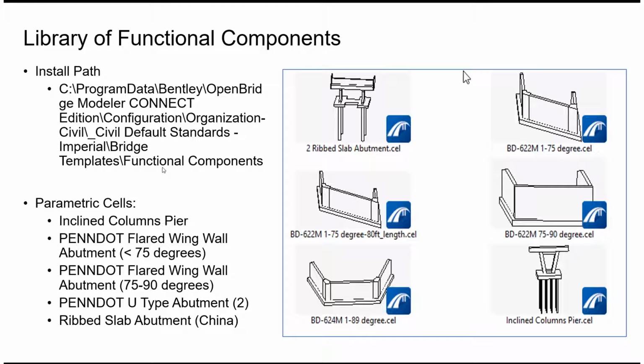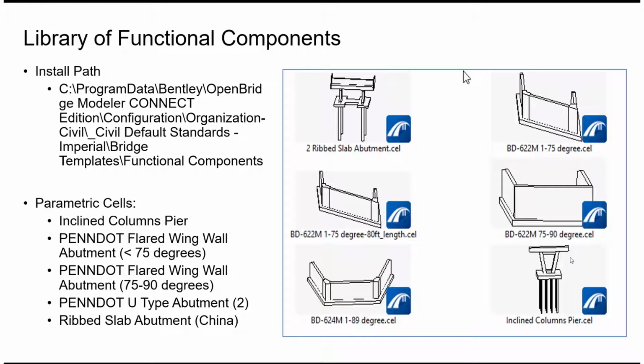These parametric cells that we have are actually PennDOT, Pennsylvania DOT, custom structures that they use for the abutments and for the piers. So to give you an idea, this pier right here, we cannot do in the standard OBM dialog boxes.